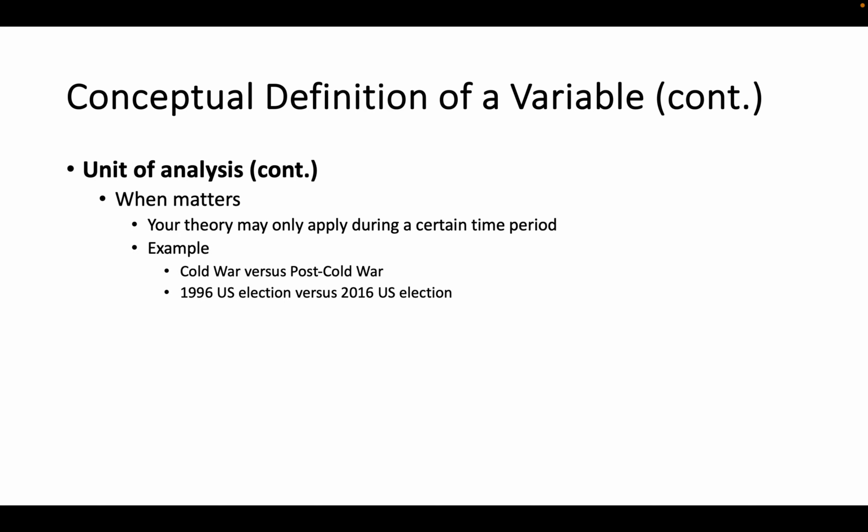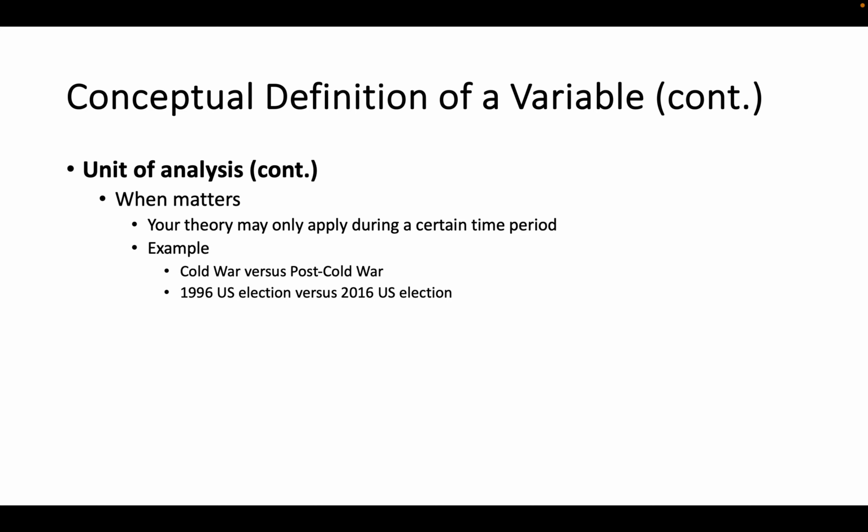Now, when we study these units matters too. So our theories could apply, for instance, only during a certain time period. So if we're trying to explain the lack of international war during the Cold War, that's an era of human history that existed from roughly the end of World War II until 1990 with the fall of the Soviet Union.